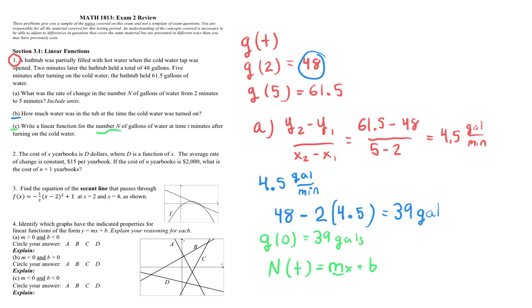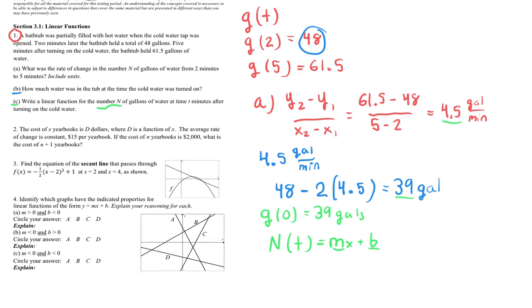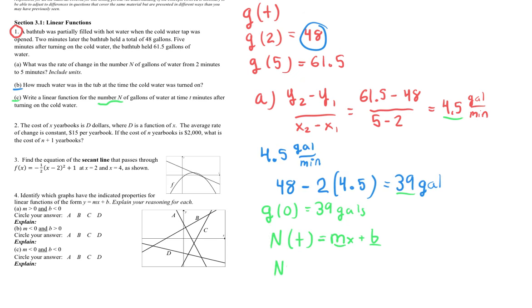Our m is going to be our slope, which we solved for, and our b is going to be our beginning value. So n of t, or g of t if you're following my notation, is equal to 4.5 t plus 39.